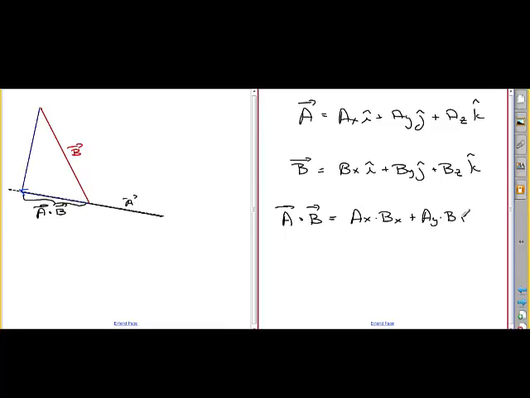Yep, they're multiplied together. And notice there's no direction associated with this, so I'm using the components. So you take this times this plus this times this plus that times that, and you get a number. And that's the dot product. So that's pretty easy to do.